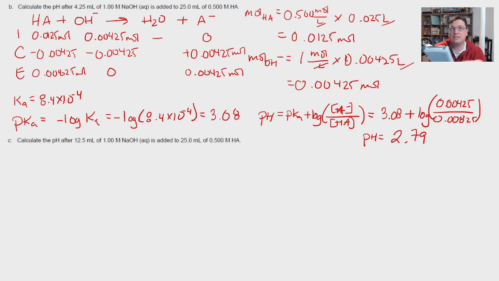If I assume the 5% rule doesn't have an influence in this case, I write out Ka equals H plus times A minus over HA.